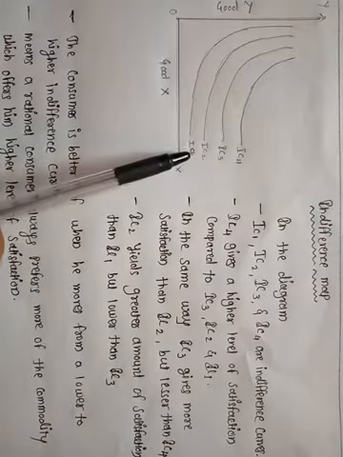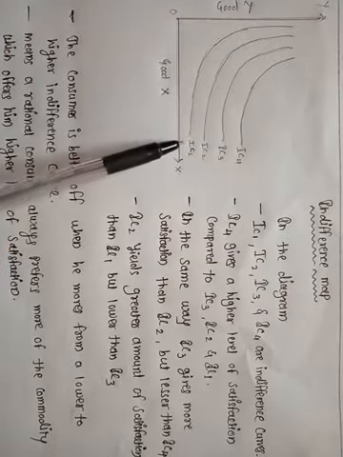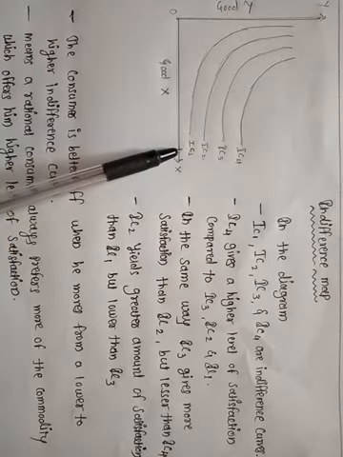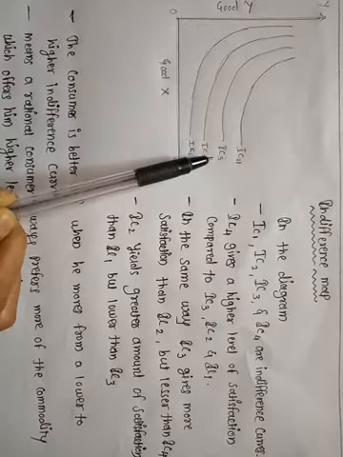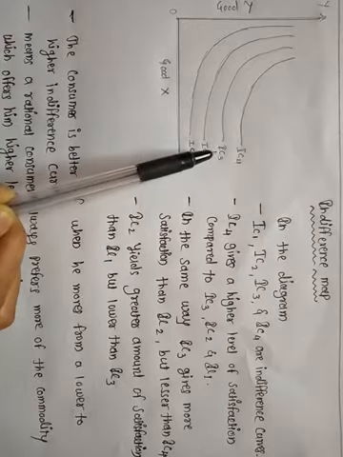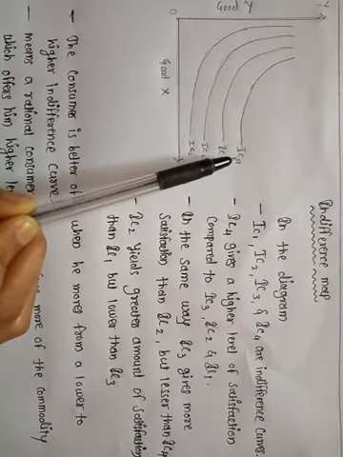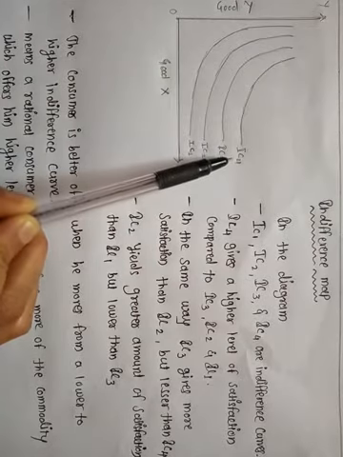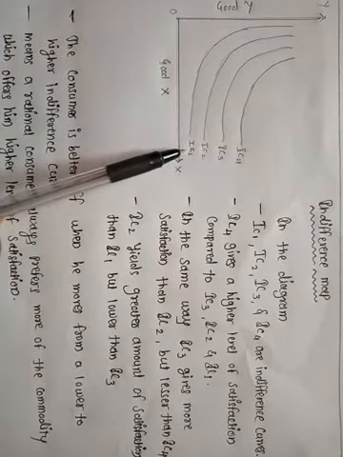Likewise, IC2 also gives a greater amount of satisfaction than IC1, but it is lower than IC3. This means the higher indifference curve always gives a higher level of satisfaction compared to the lower indifference curve.